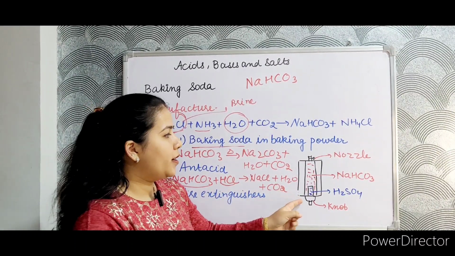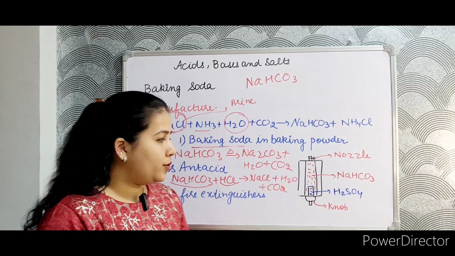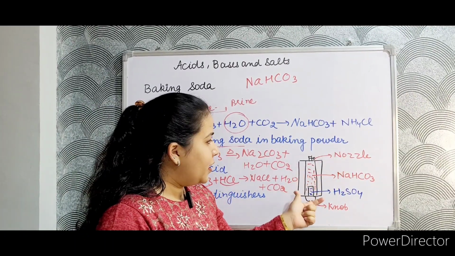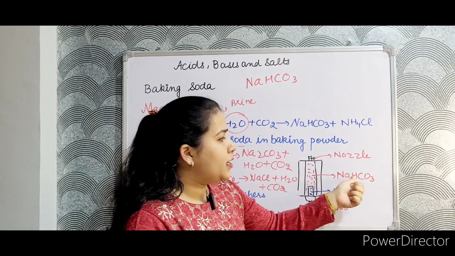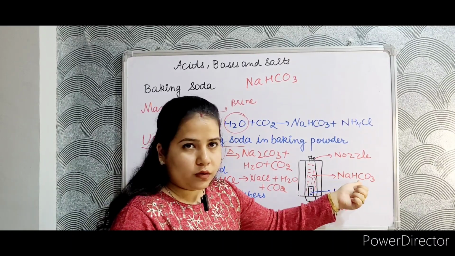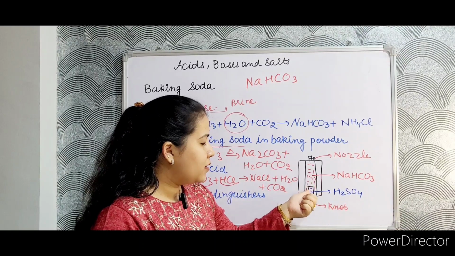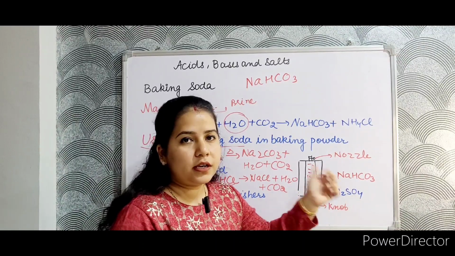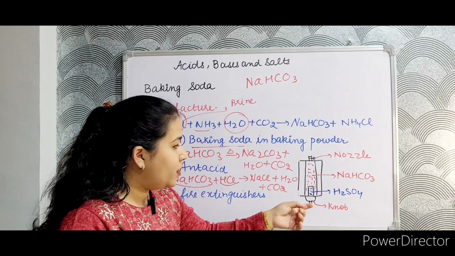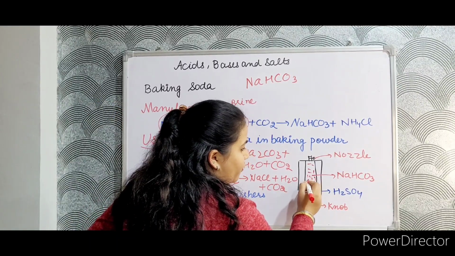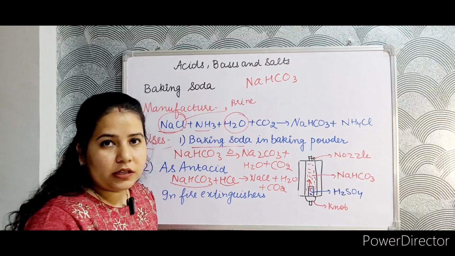Next use of baking soda is in the fire extinguisher. Here is a small diagram to show the fire extinguisher, which contains a knob, a nozzle, a container which contains NaHCO3, baking soda, and inside this container a glass container which contains sulfuric acid. Now when the knob is pressed, this H2SO4 gets mixed with NaHCO3.